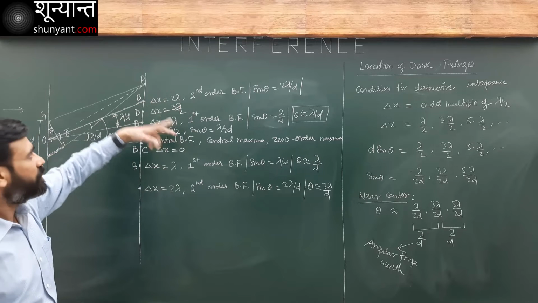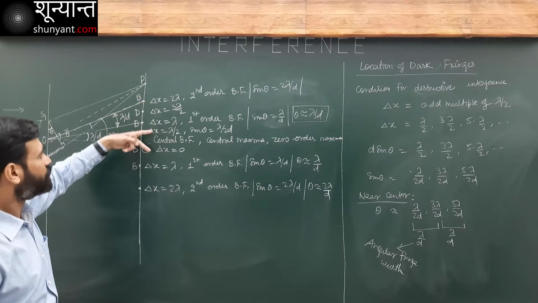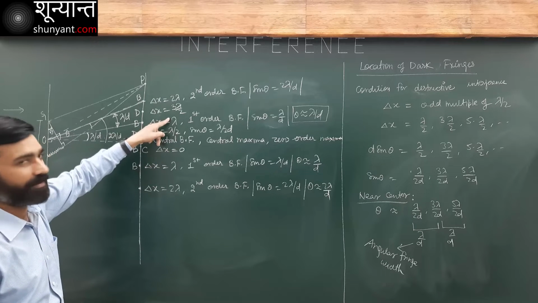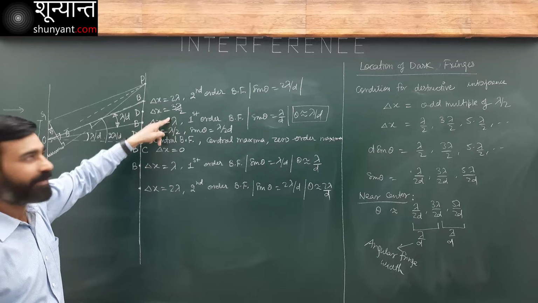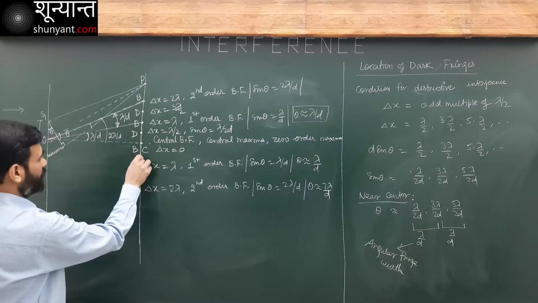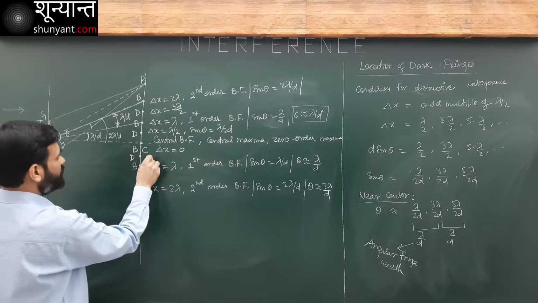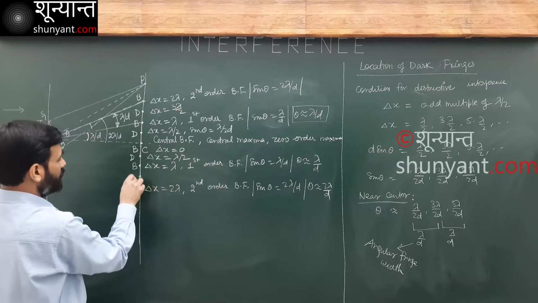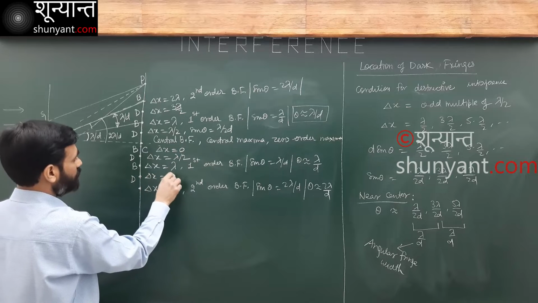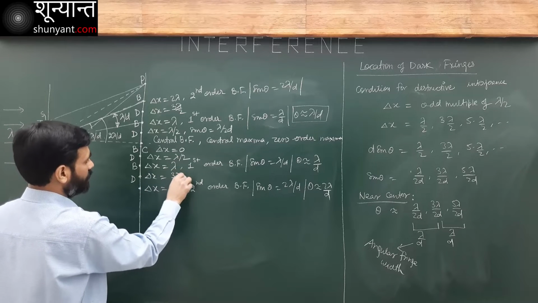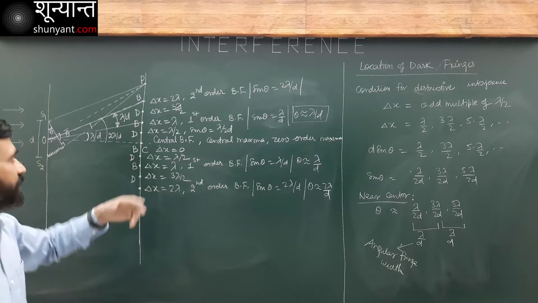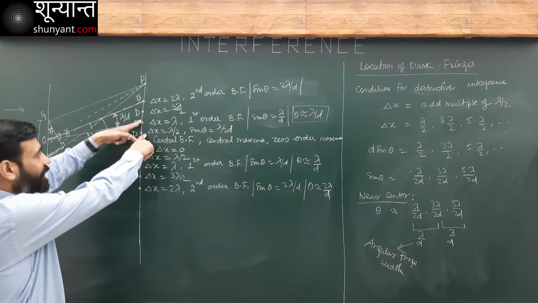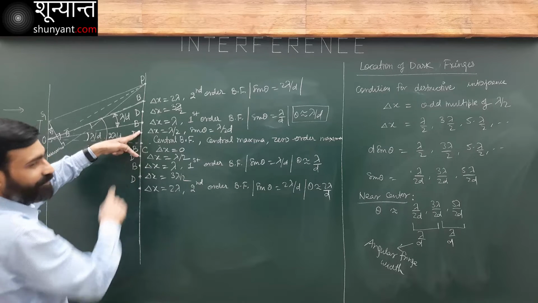The path difference is between 0 and lambda, so between them lambda by 2. Here also similarly I get a dark fringe. This delta x is lambda over 2. Here dark fringe again, this delta x is 3 lambda over 2. So between two bright fringes, I get a dark fringe, and between two dark fringes, I get a bright fringe.